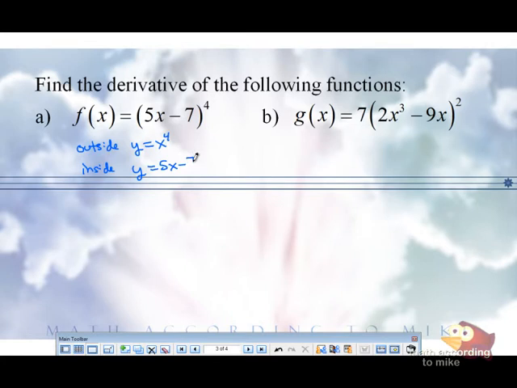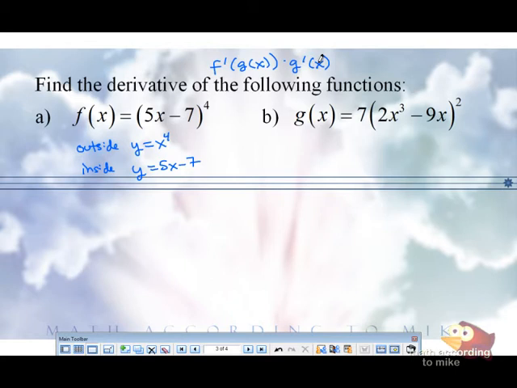So anytime you have a function in your function, you need to use the chain rule because you're differentiating a composition of functions. So the chain rule says the derivative of the outside with respect to the inside, so notationally it looks like this, where f is your outside and g is your inside, times the derivative of the inside.